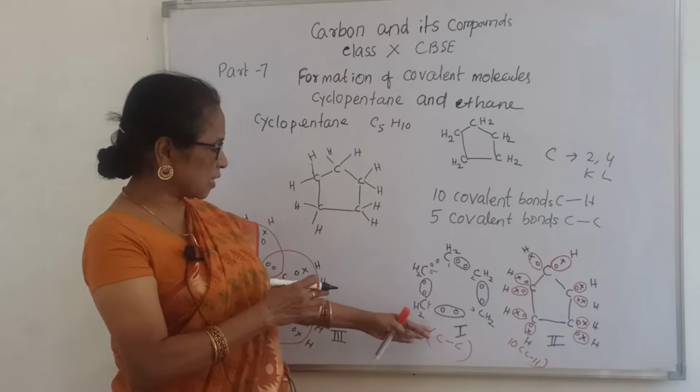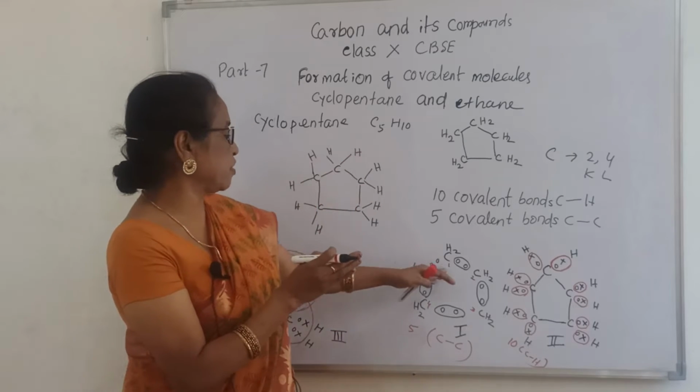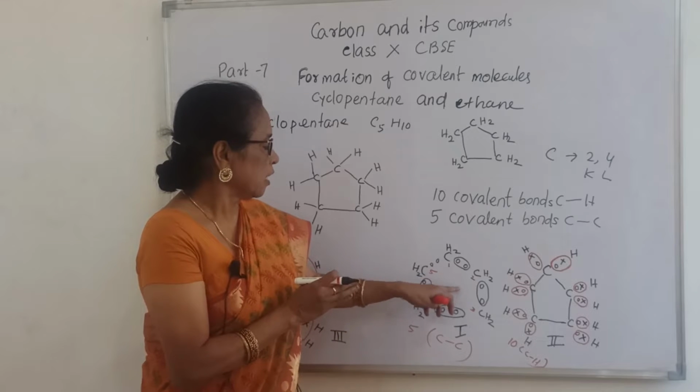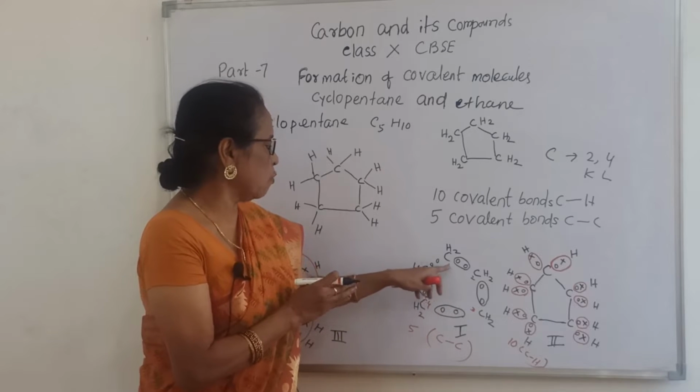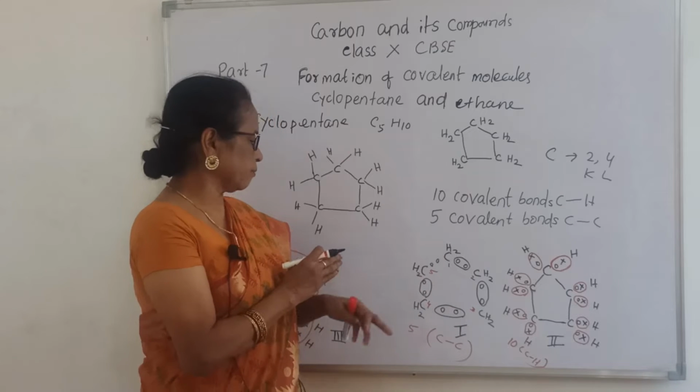Then you see the first step. Here I want to show you how the bonds are formed between C and C. Here you see 1, 2, 3, 4, 5 carbons.